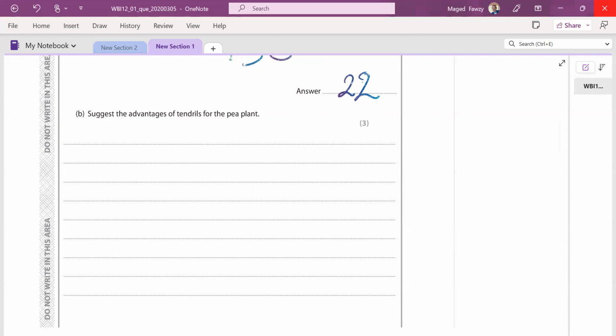Suggest the advantage of tendrils for the pea plant.